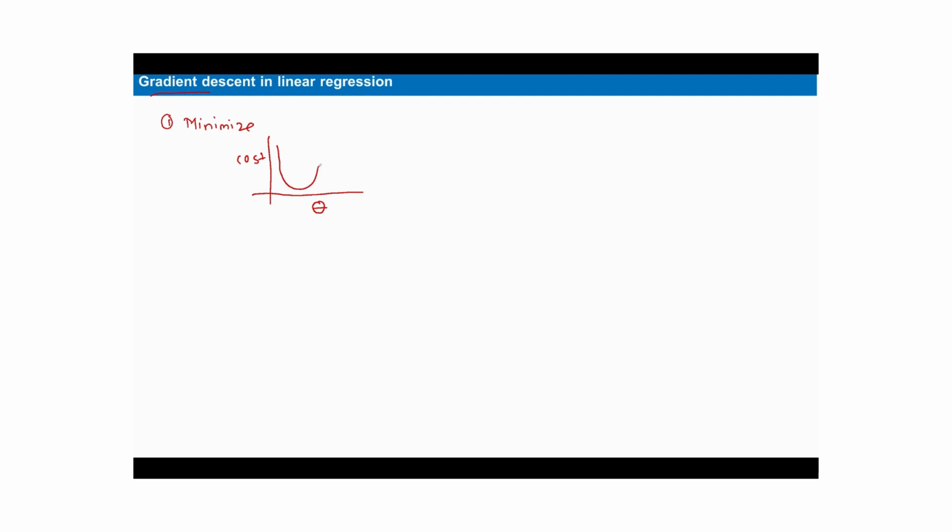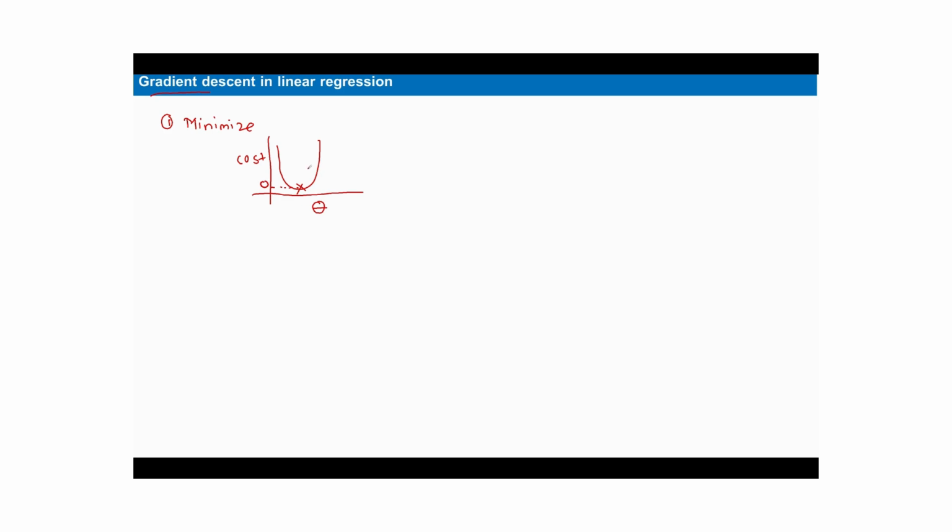Here one term is called the global minimum. The global minimum is the point where the cost is 0. The goal of gradient descent is to reach such an optimal cost, the global minimum, where the cost with respect to the parameters is 0.